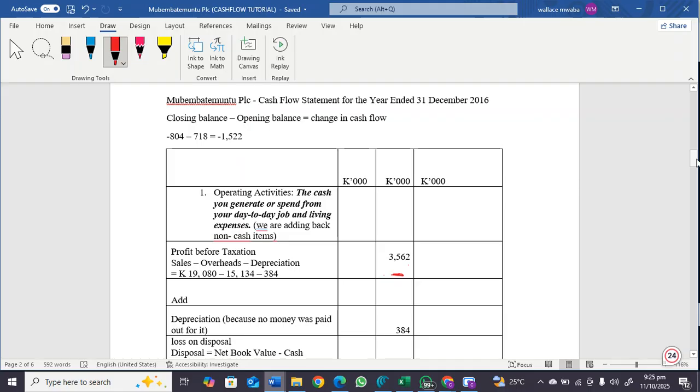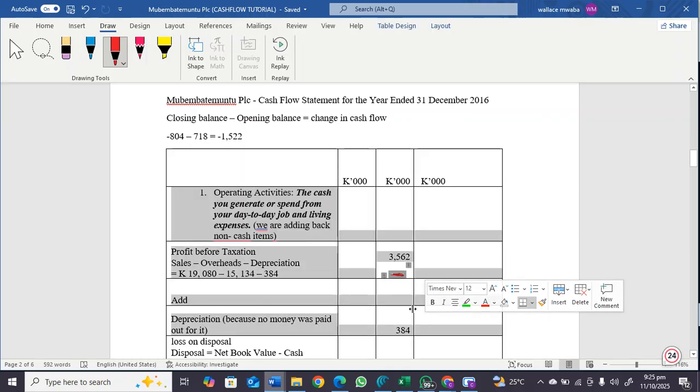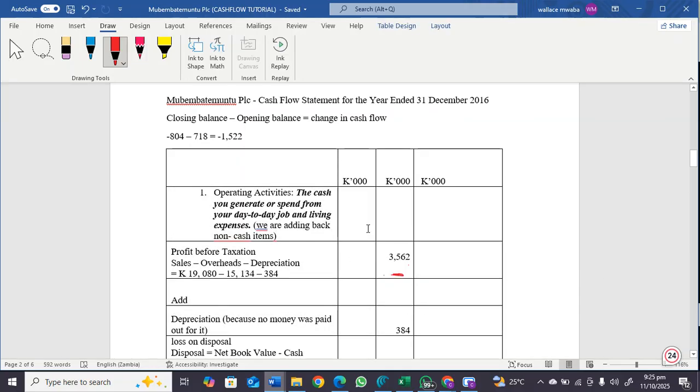This is the format I've put, the way I'm answering is the standard format. I'll give you a document which has the standard format, but just pay attention to the way I'm doing it here. This is also the standard format.